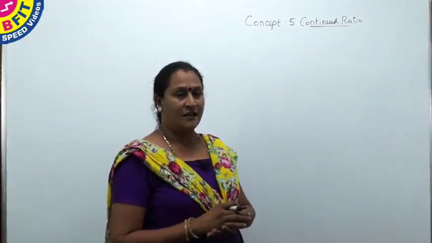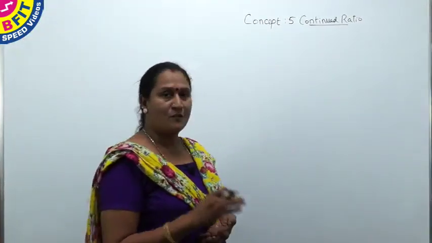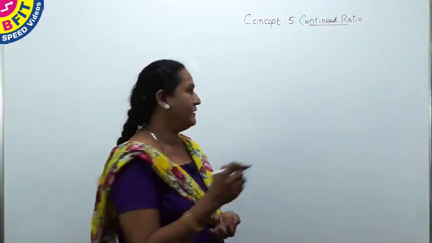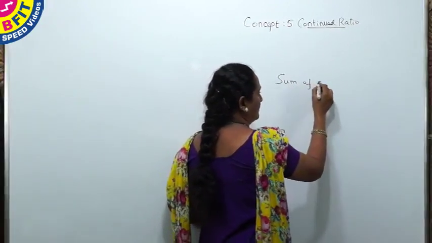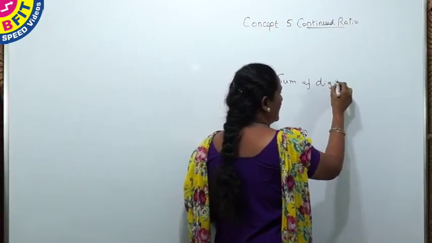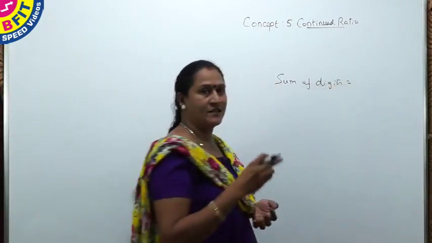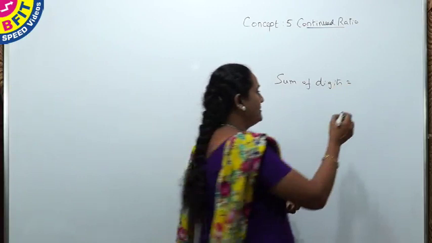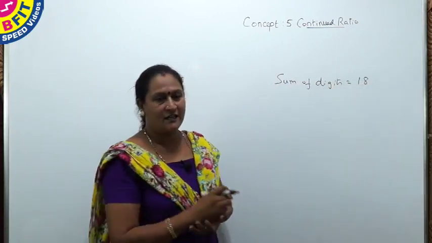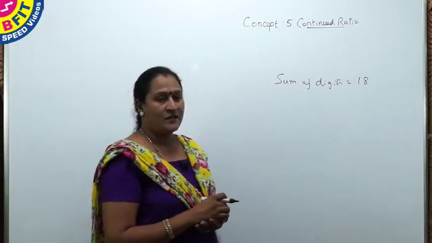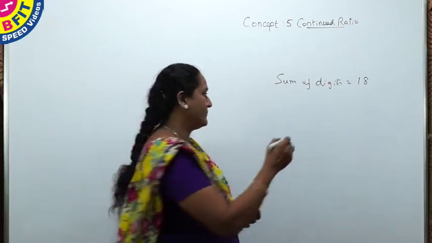So it is given that a 3-digit number, the sum of all these digits is 18. So the sum of all the digits, that is the units, tens, hundreds, when added it is 18. And the first detail given is the tens place is 3/4 of the unit place.